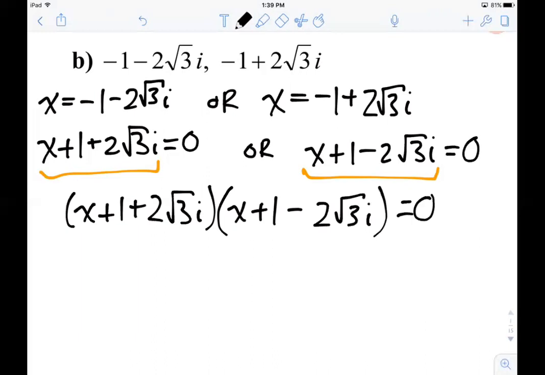And that technically is an equation that has those two original roots that we were given as the roots of this equation. And from here, we have that very fun task of expanding all of this out and simplifying it.